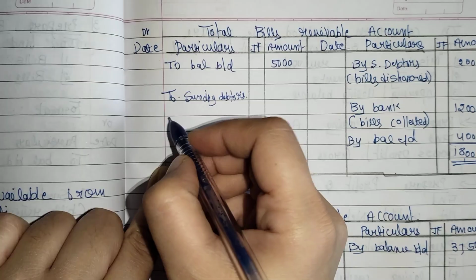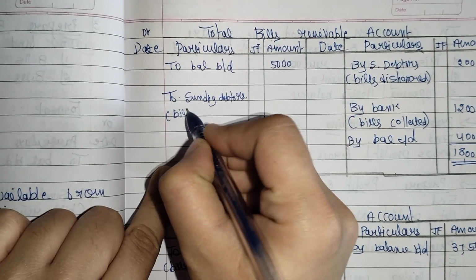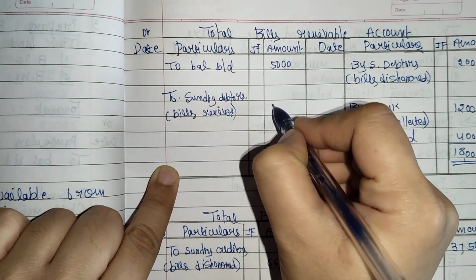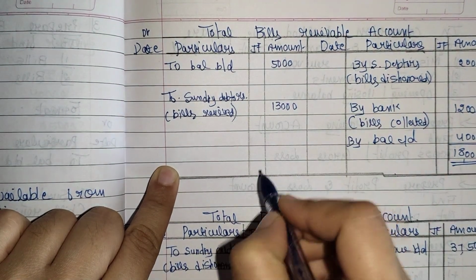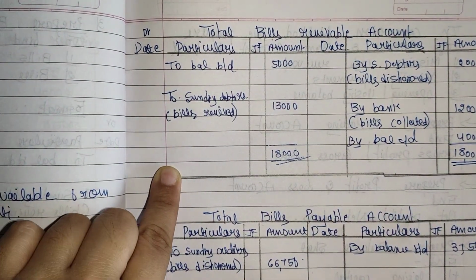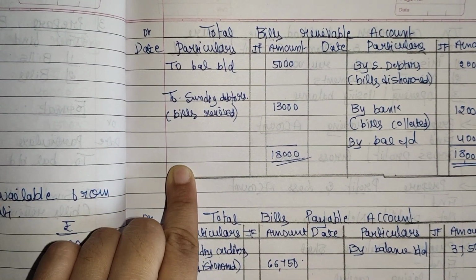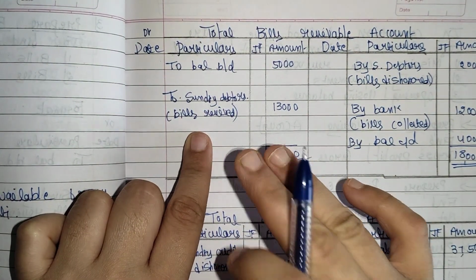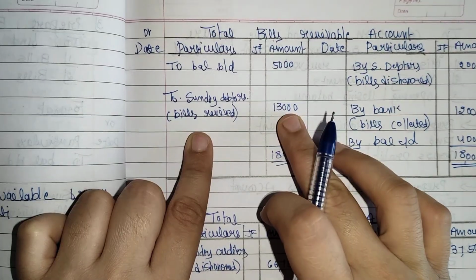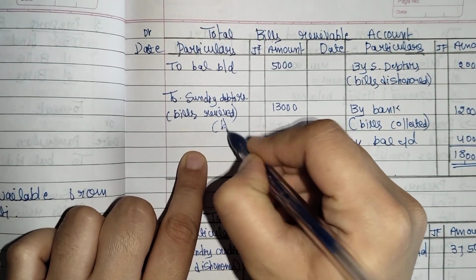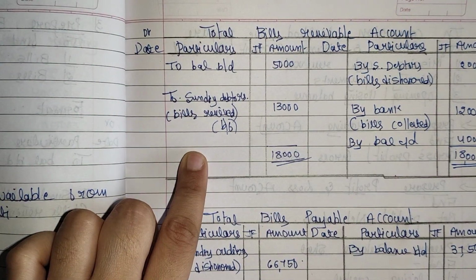Means bills received. How much? That is 13,000. Bills received means customers accepted bills during the year. How much? That is 13,000. It becomes the balancing figure. Clear?